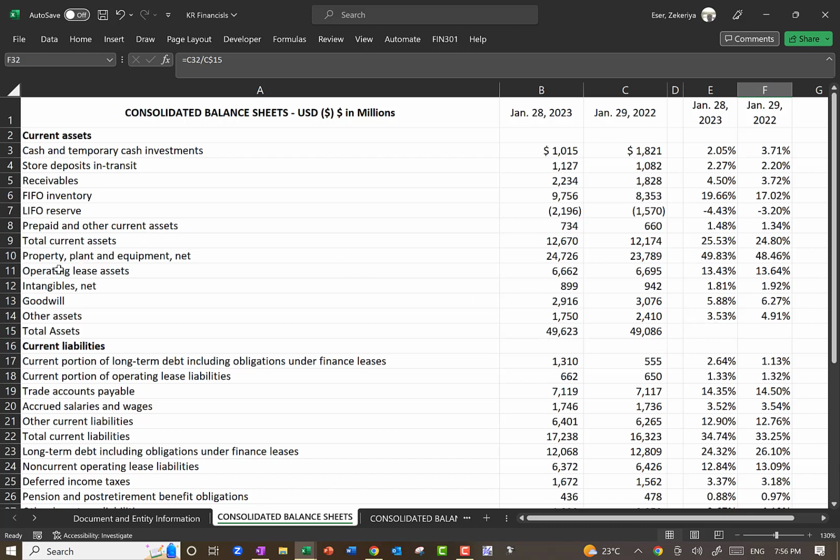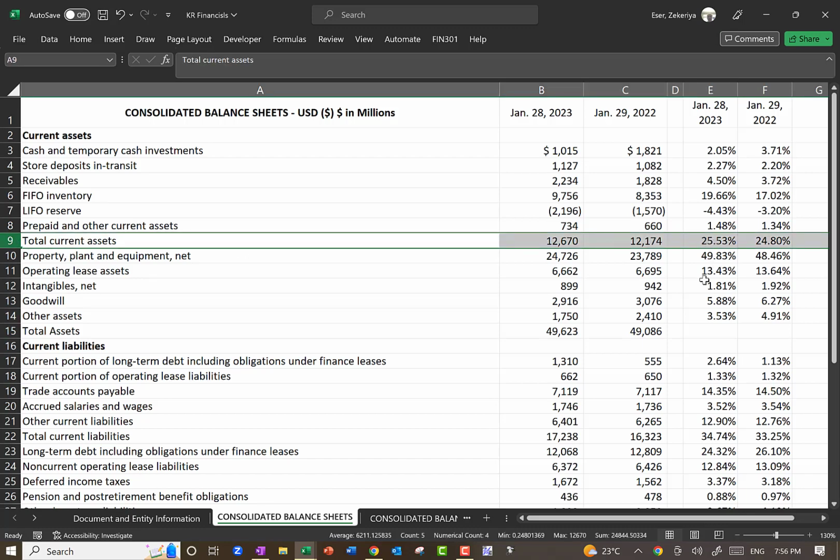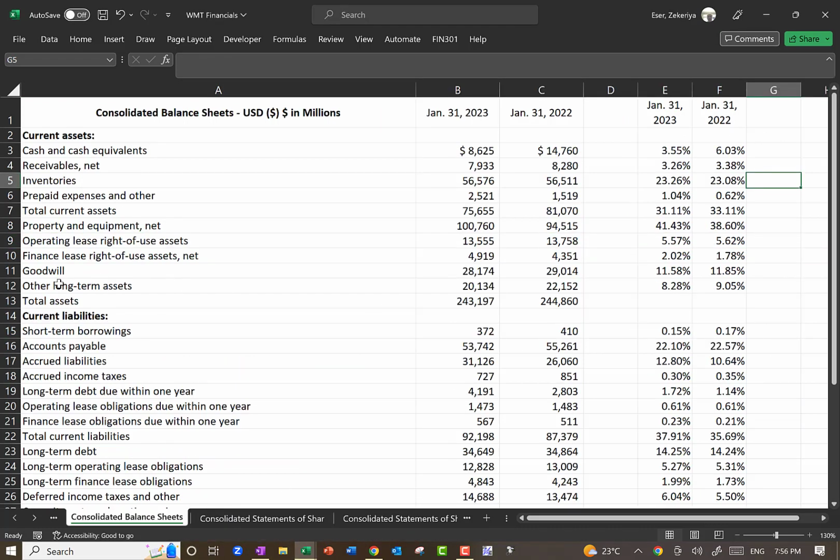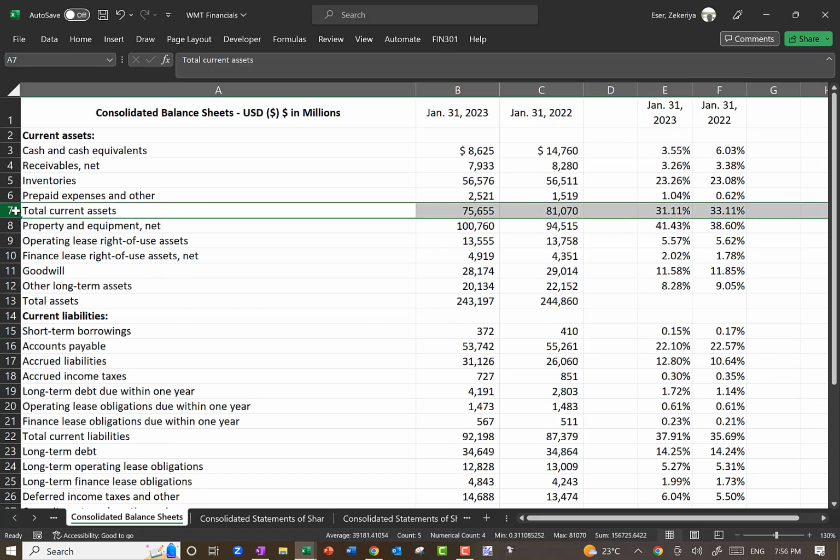I mean, I'm more interested in, for example, total current assets. For Walmart, a quarter of their assets are essentially liquid assets. Kroger. Let's see what it was for Walmart. It's about 30%.